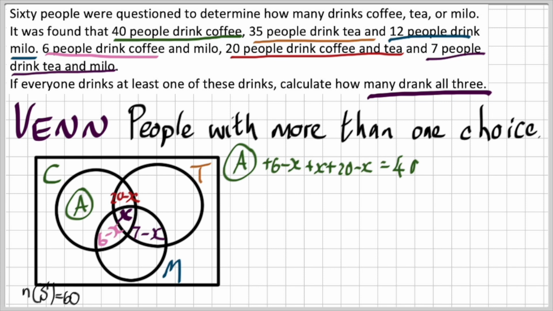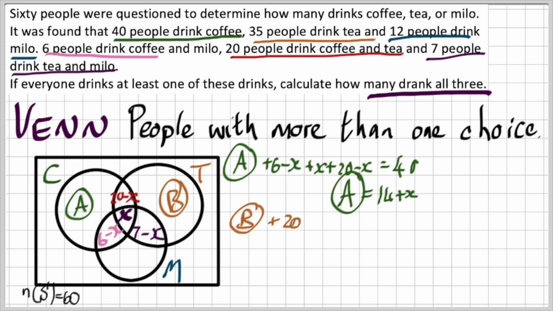All of the circles inside the C must add up to 40. So that circled A with the 20 minus X, the X, and the 6 minus X must be 40. If I then solve that, I get that A in the circle alone gives me 14 plus X. I'm going to repeat this process with a T.